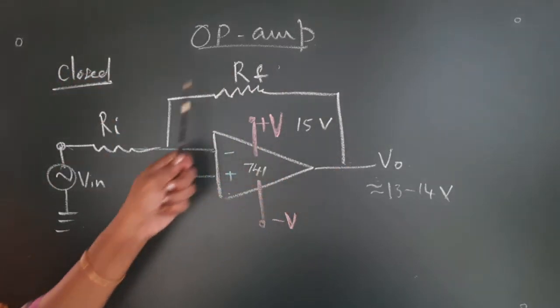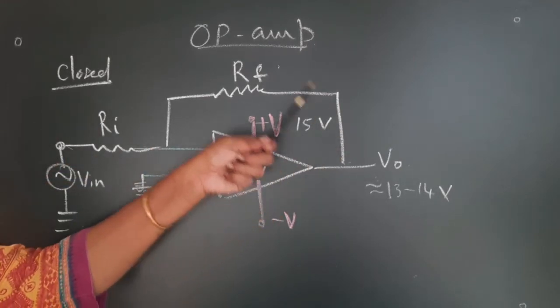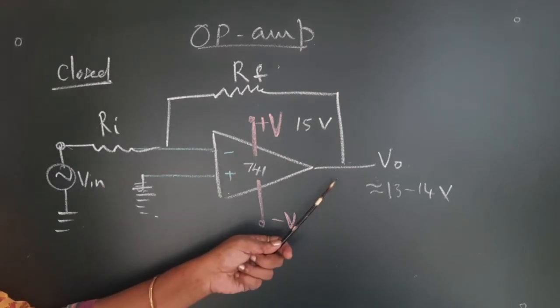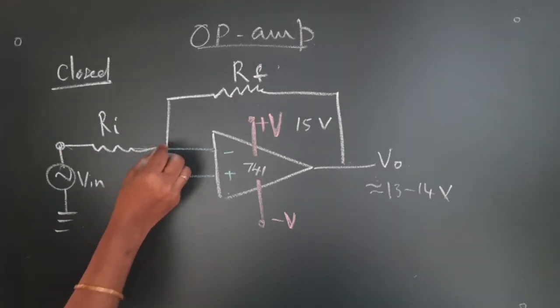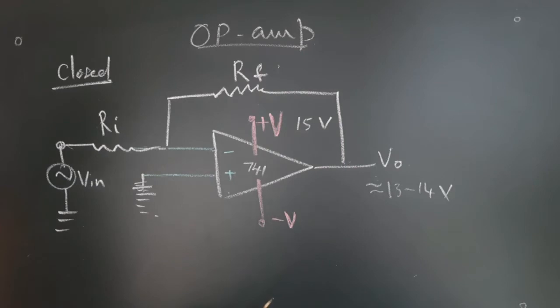The loop is closed, output is connected to the input, or this is a condition where we have applied negative feedback. So, this negative feedback will reduce the effective input and it will lead to a decrease in output also. But it will have many other advantages.